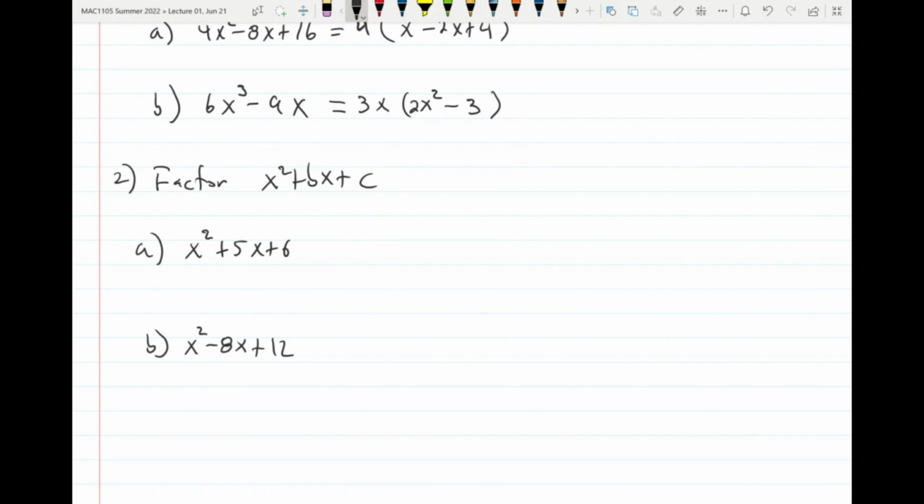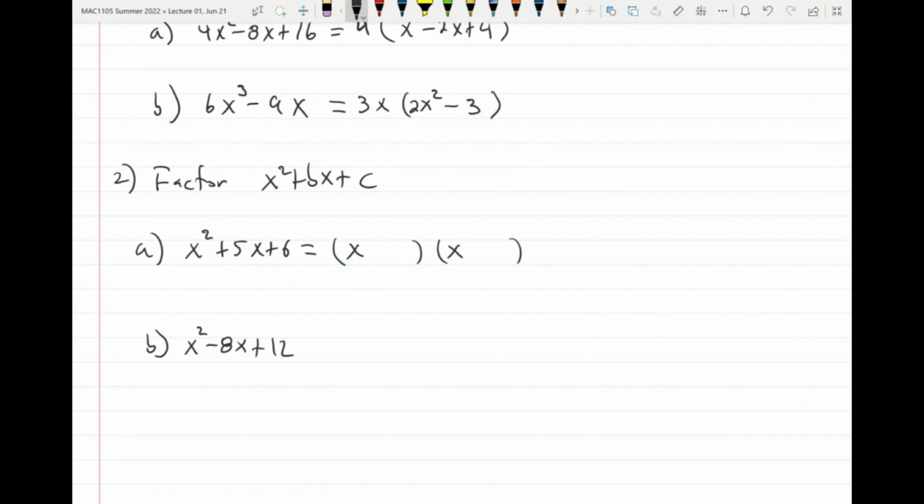Okay? So typically, when you have a quadratic expression like this, it means that it's going to be factored as two binomials, the product of two things. And then at the beginning here, because we have an x squared, we better have an x and an x, right? Because there's a 1 here, then we need to have an x here and an x here, so when you multiply, you get your x squared.